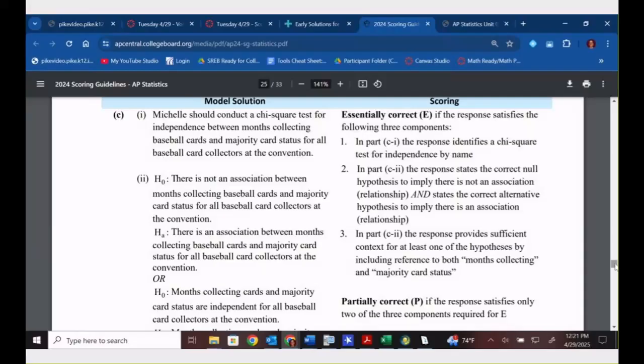Rare or common, rare or something. I don't remember the language there. If the response has all three of those components, then they get an E. If they get two of those components, then they get a P. And if they got one or none of those components, then they get an I.